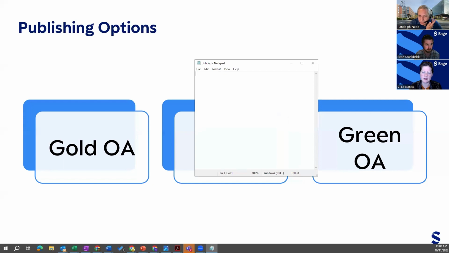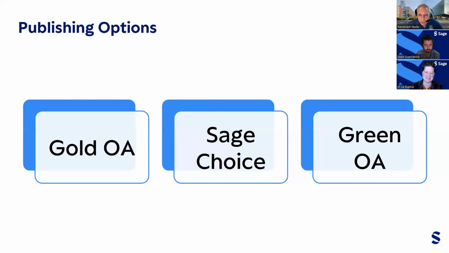The first 2 allow you to publish with a CC license, and we'll get more into CC licenses in a minute. Authors have the option to publish with Sage either in a fully open access journal or open access in a traditional subscription-based journal, which is known as hybrid, or at Sage, Sage Choice. Authors pay an article processing charge, or an APC.